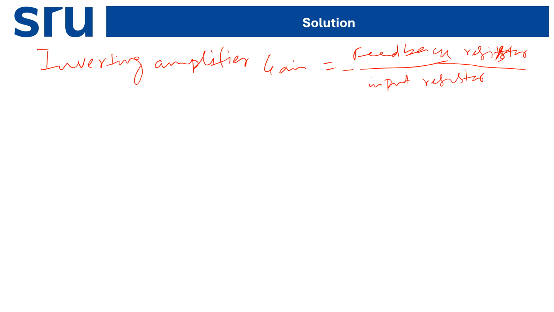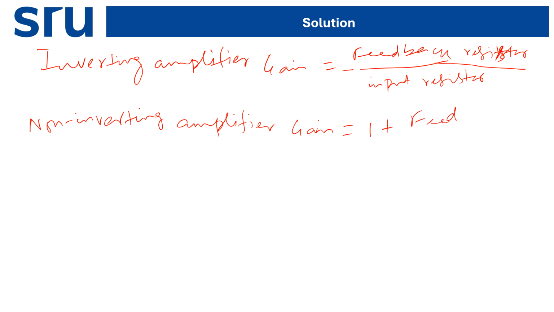And for the non-inverting amplifier, the gain is a little higher, as you can see: 1 plus this ratio, feedback resistor divided by input resistor.